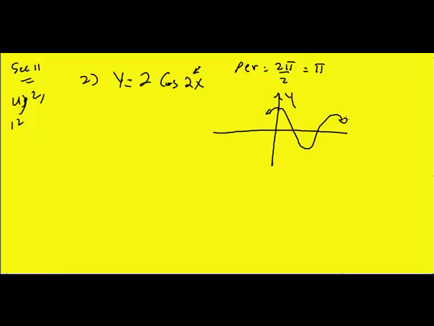Y, x. That's now, instead of being 1 and negative 1, going to be 2 and negative 2. That's going to be 0. And what is that going to be? 0 to where? Pi. Cut everything in half. Pi over 2. Cut that in half. Pi over 4. Cut that in half. That'll be 3 pi over 4. Done.